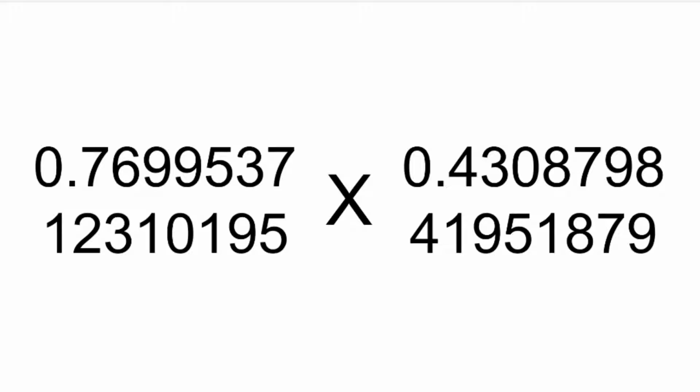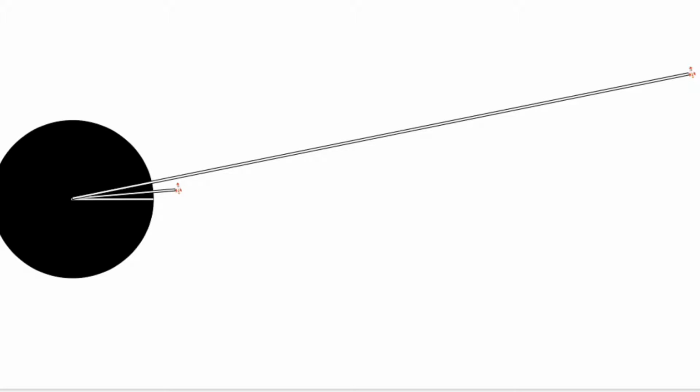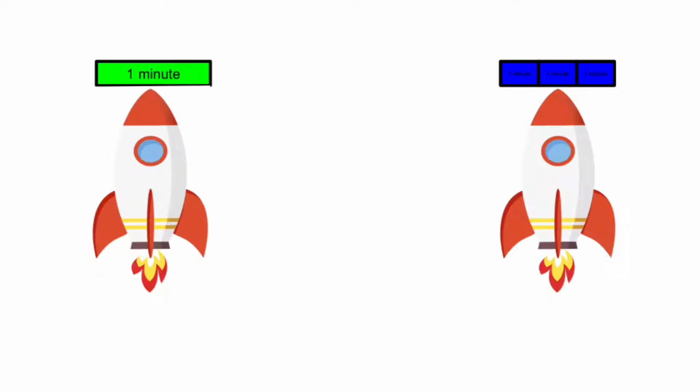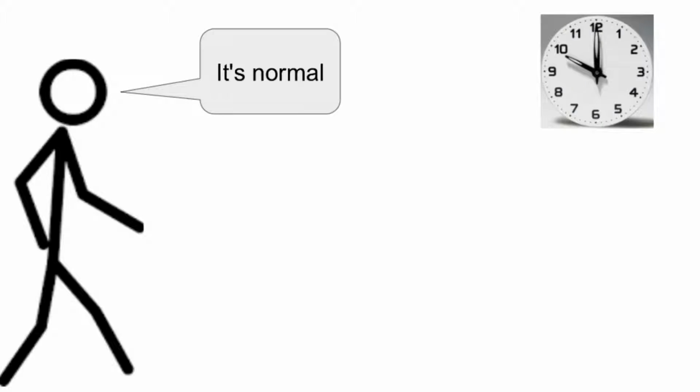Finally, we multiply both to get 33.176% time dilation. That would be very weird. If you were on another ship orbiting much further away, you would see a clock on that ship take 3 minutes to make the second hand go around once. The person on that ship would see his clock running normal.